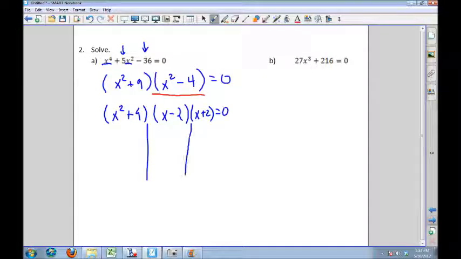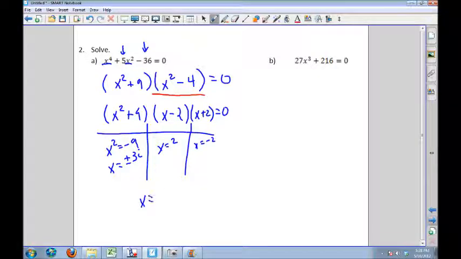So that when I find the solutions to this equation, either x squared equals negative 9, which means that x would be plus or minus 3i, an imaginary number when I take the square root of a negative, x equals 2, or x equals negative 2. So my final solution is x is plus or minus 2, and plus or minus 3i.